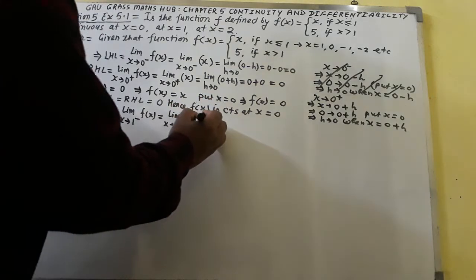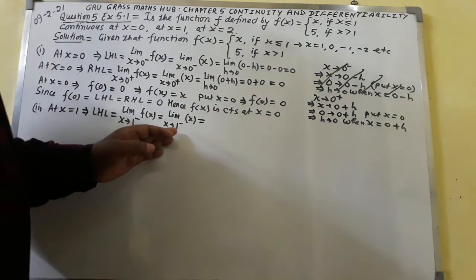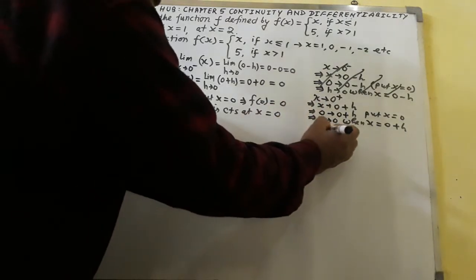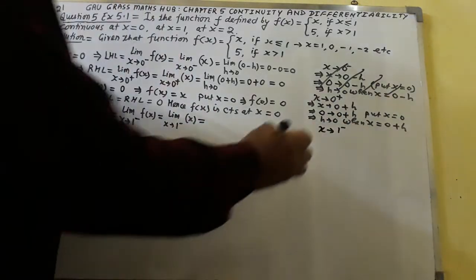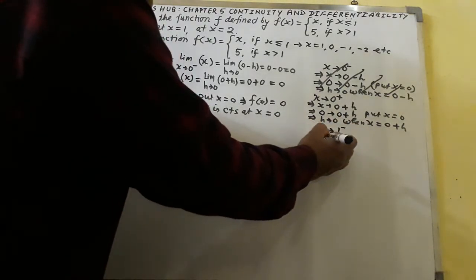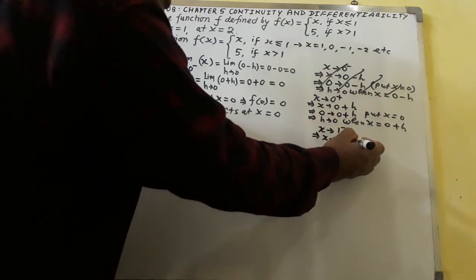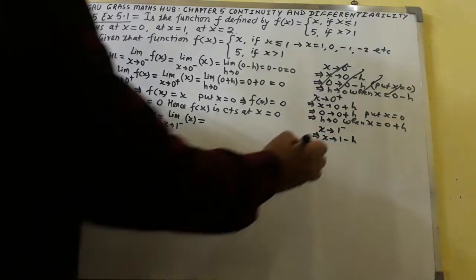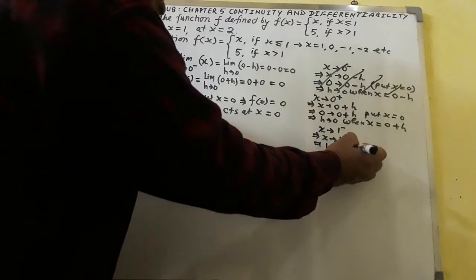Now what to do here? Here I shall write again x tends to 1 negative. So you can write x tends to 1 minus h. Put here x equal to 1, so write 1 tends to 1 minus h.